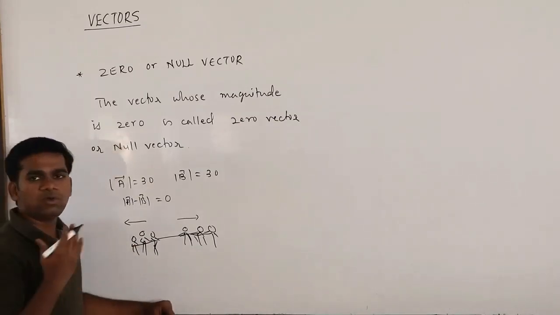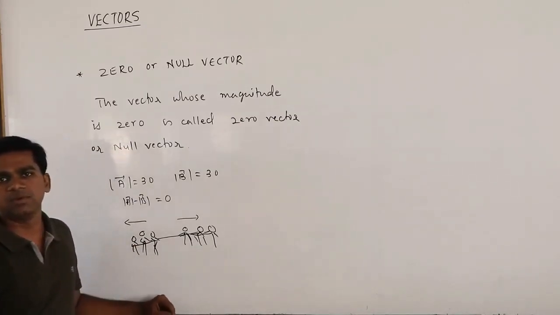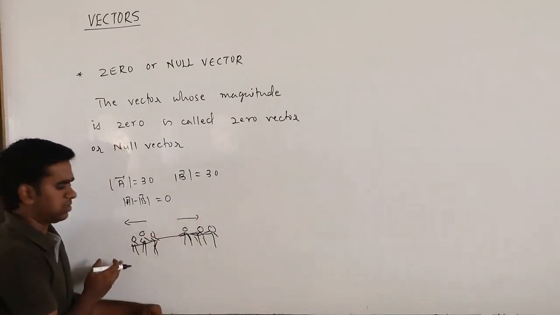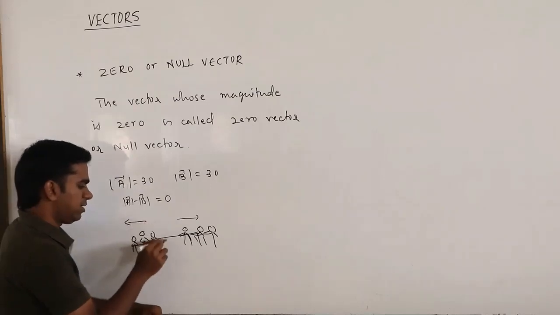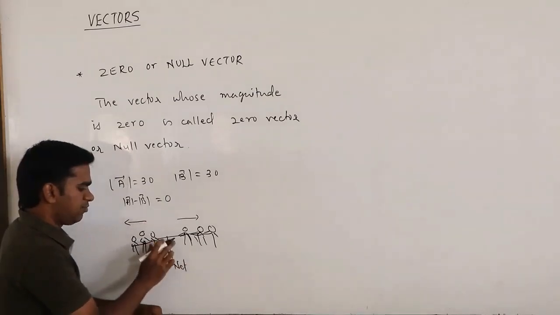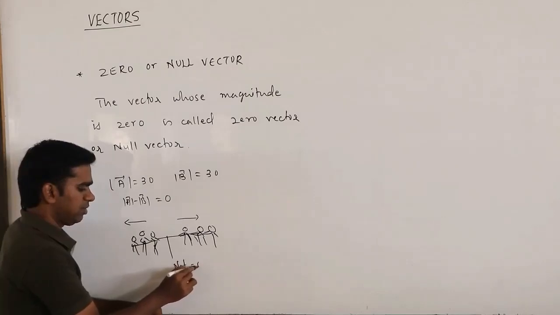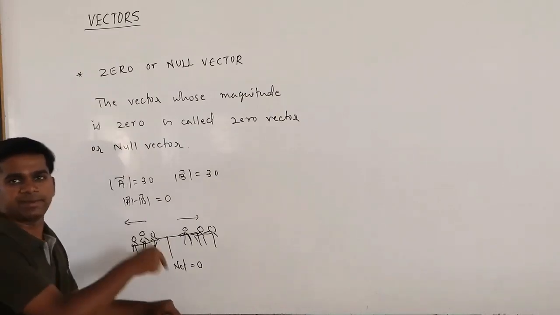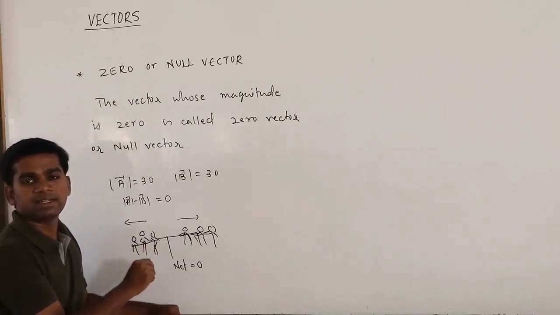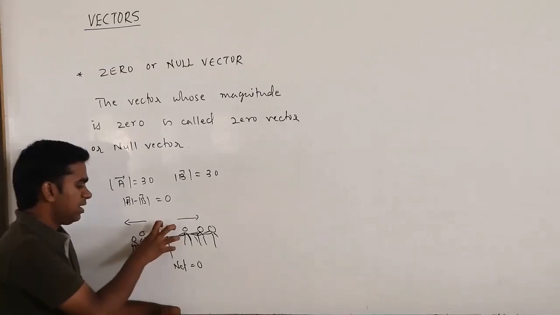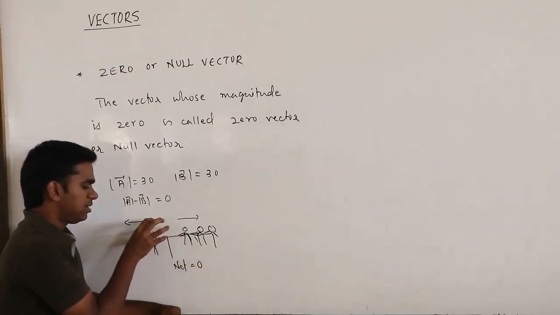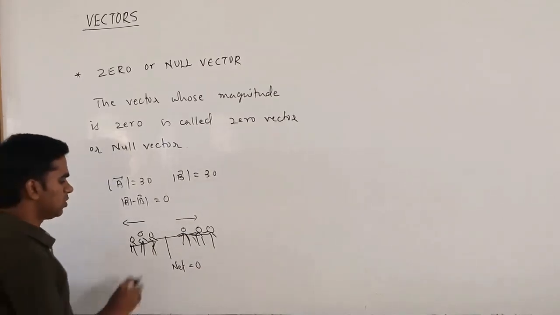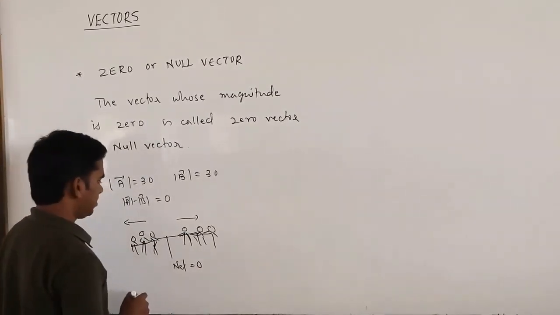If the amount of energy is the same from both sides, the rope will not move to either side. So the net force on it will become 0. That means it is not moving, but the vectors are there. The resultant vector should be there, but it is not moving, which means its magnitude is 0. This is the best example you can take.